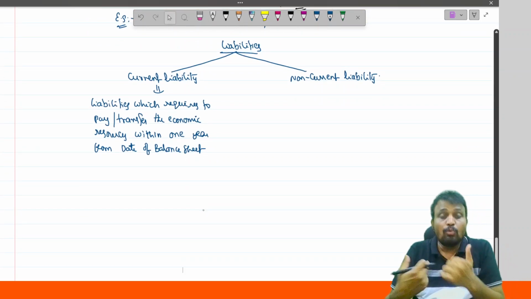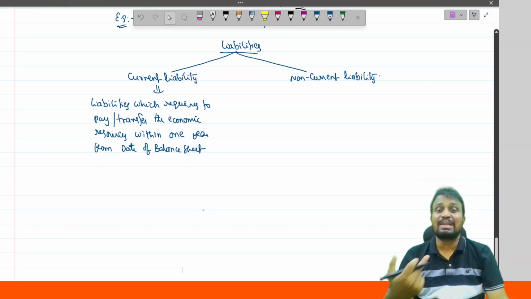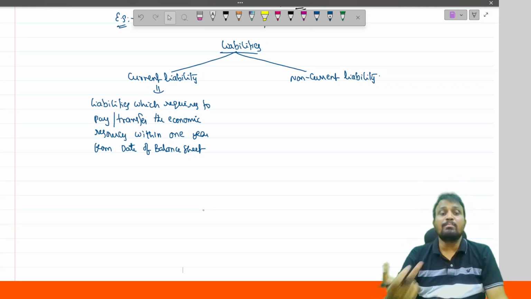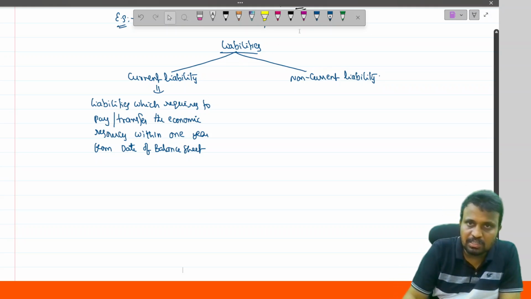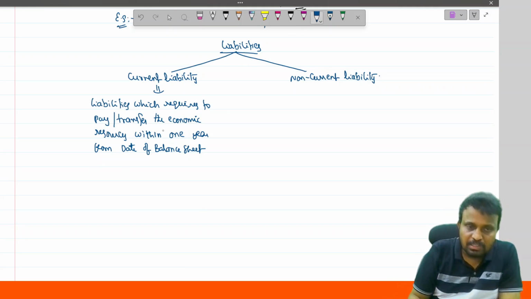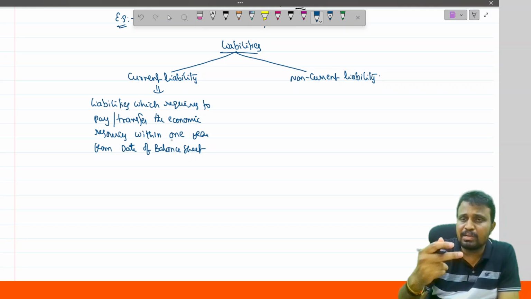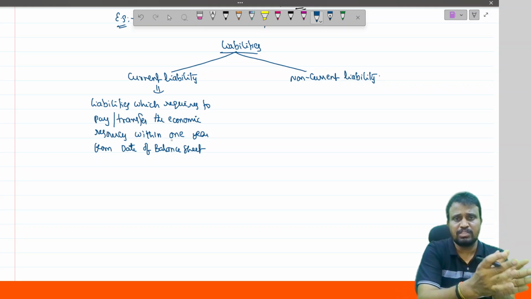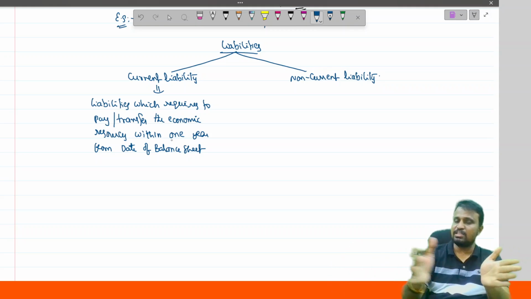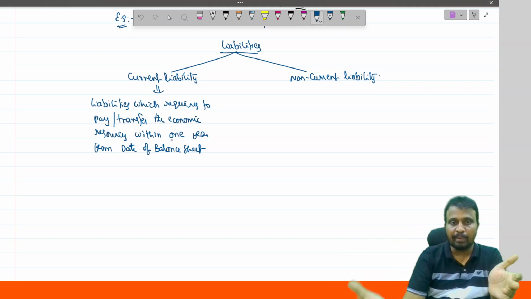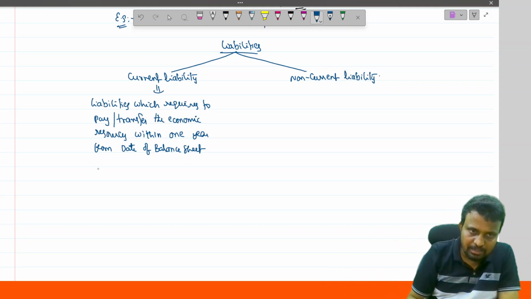The liability which requires to pay or transfer the economic resources within 1 year from the date of balance sheet is called what? Current liability. So from the date of balance sheet, 31st March 2025, to within 1 year, anything liable to pay is covered under current liability.